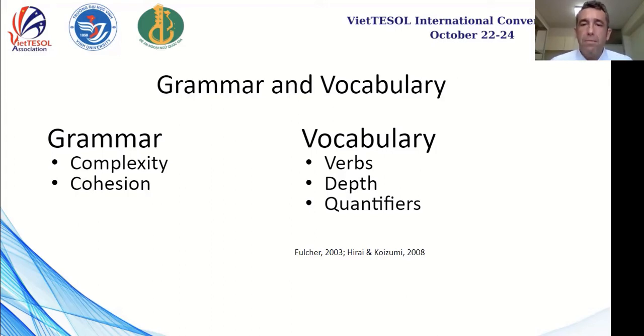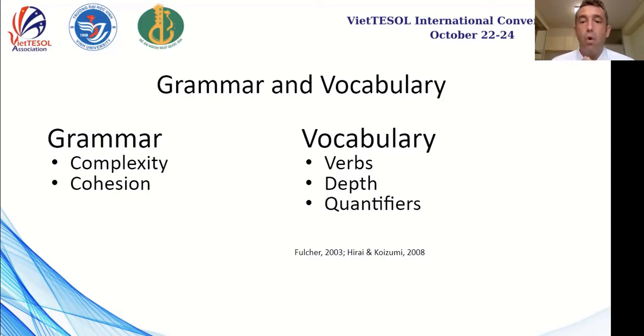As far as vocabulary goes, we're grading how the students use verbs, if they have a wider range of verbs or if they can use the correct verbs in different situations, the depth of their nouns and adjectives. So especially with the adjectives, can they explain themselves and make themselves understood at a deeper meaning level?